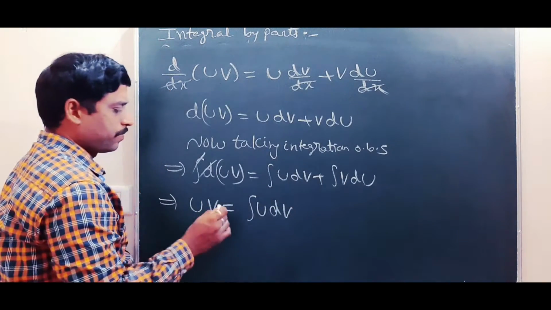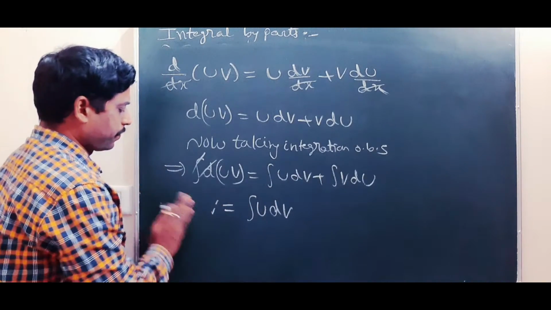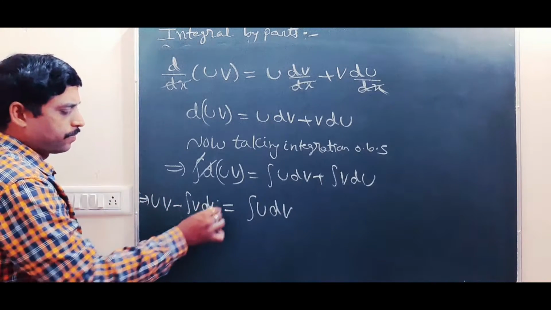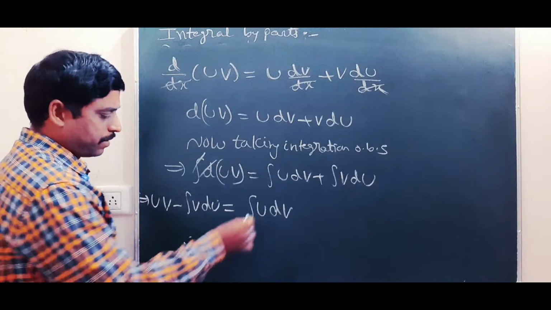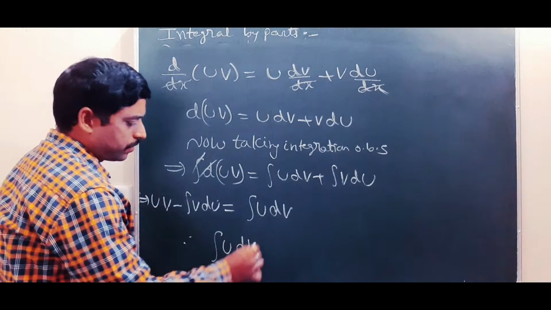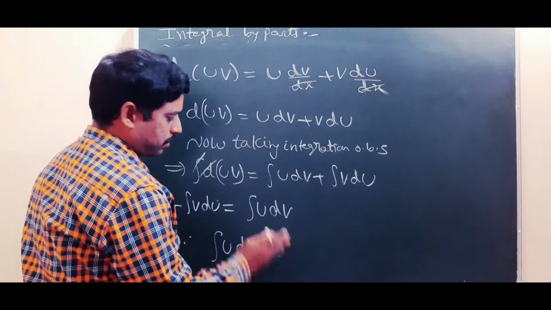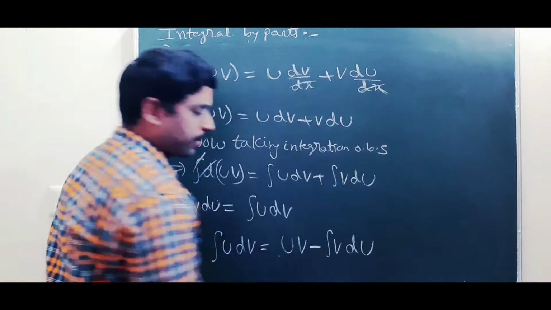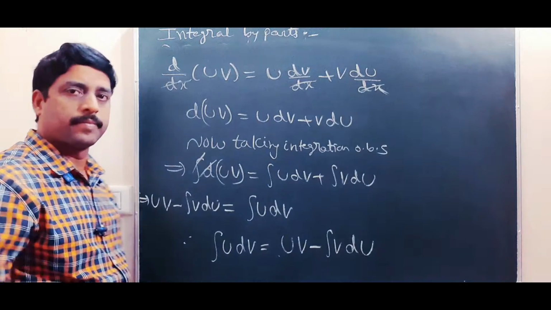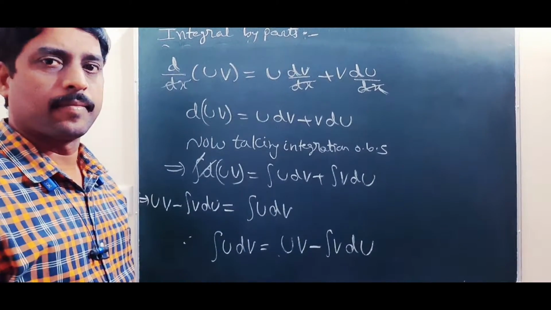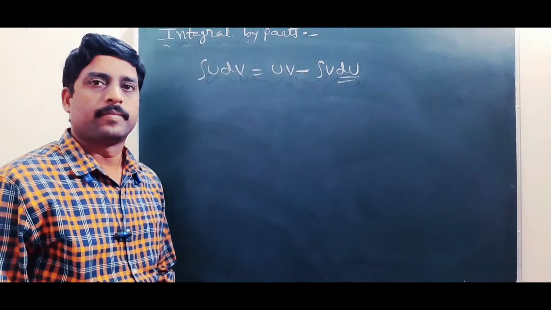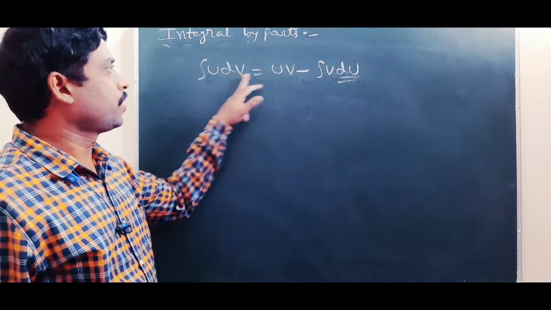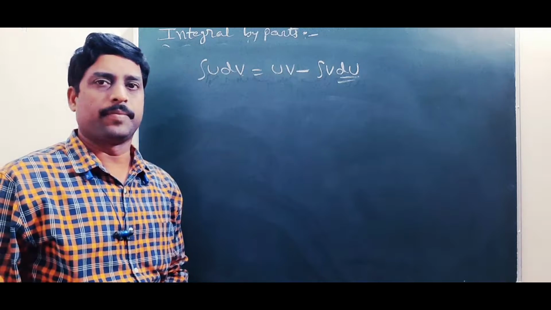Bring it to the left side: uv minus integral v du. It can be written as integral u dv equal to uv minus integral v du. We have got integral u dv equal to uv minus integral v du.